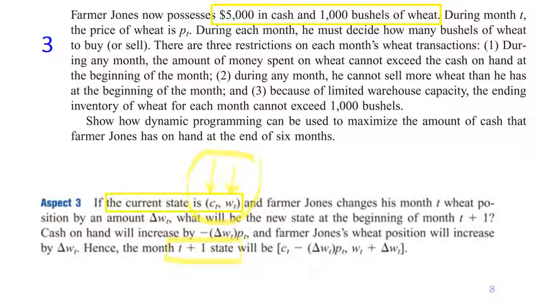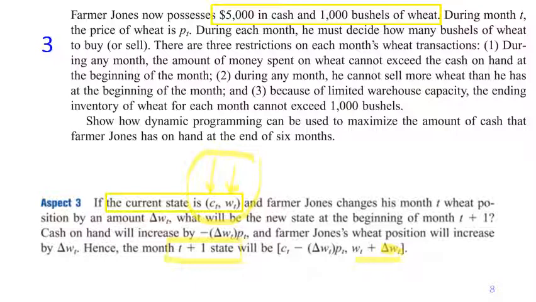Well, it is obvious that first our wheat will change as many as delta WT. If this is positive, it means we are going to increase our wheat. If that is negative, it means that the amount of wheat will decrease.